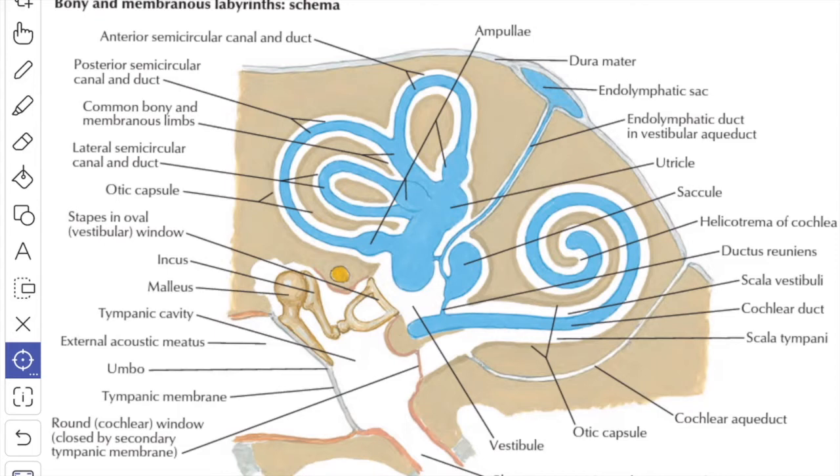The basal turn of the duct enters the vestibule, where it joins with the saccule by a narrow duct known as the ductus reuniens. The cochlear duct contains the spiral organ of Corti, the peripheral organ of hearing, which rests on the basilar membrane and is covered by the membrana tectoria.